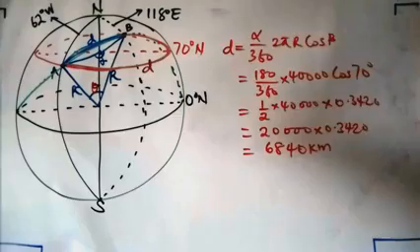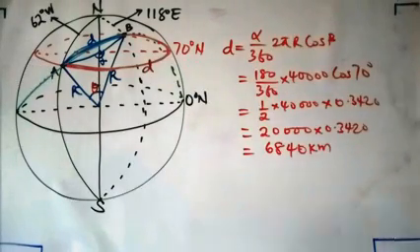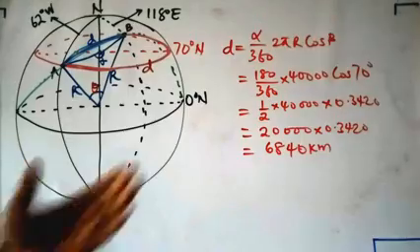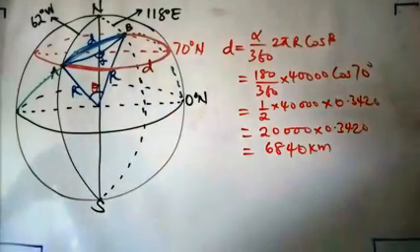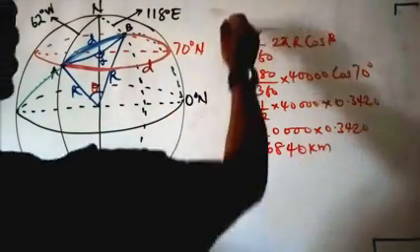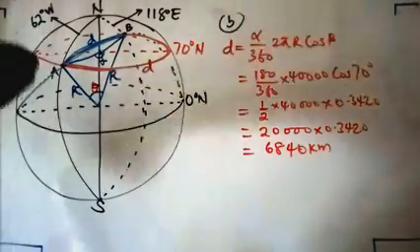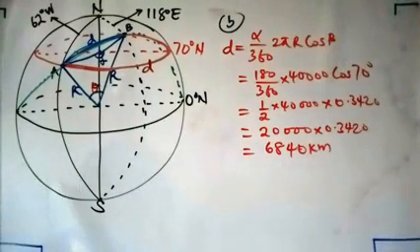And you can see that this is the distance along the small circle, that's pi of latitude. The previous one we did was the distance along the great circle, and that appears to be the shorter distance.